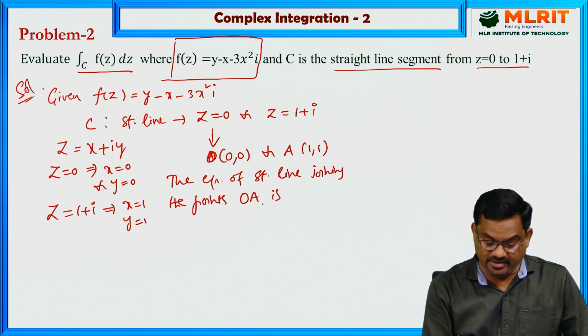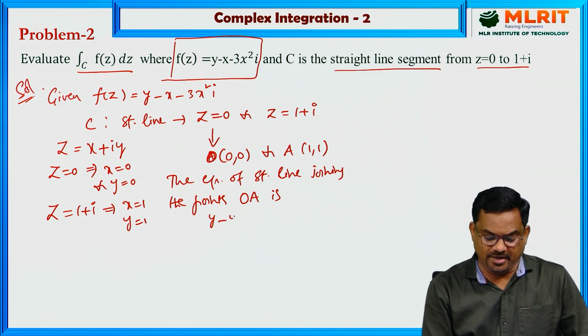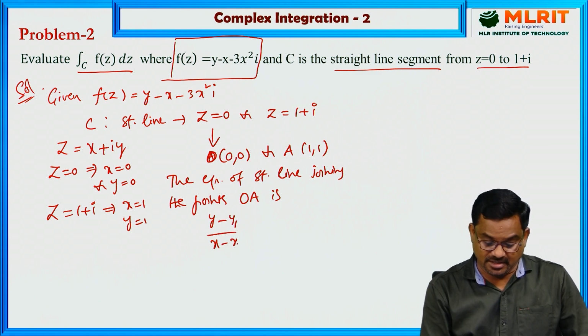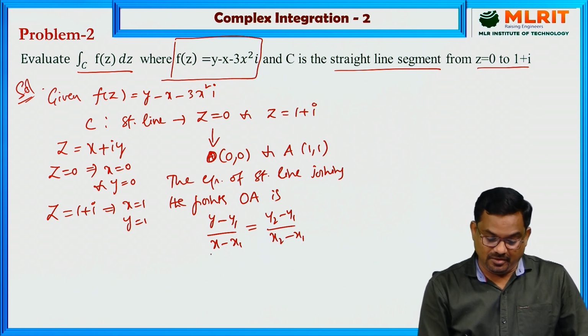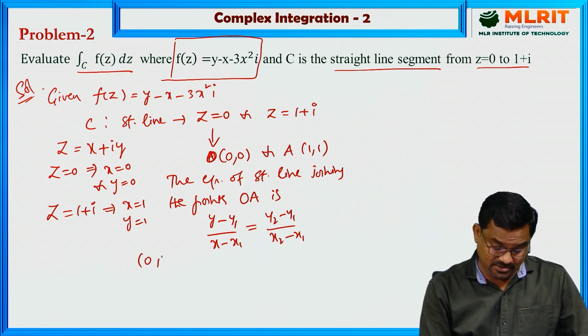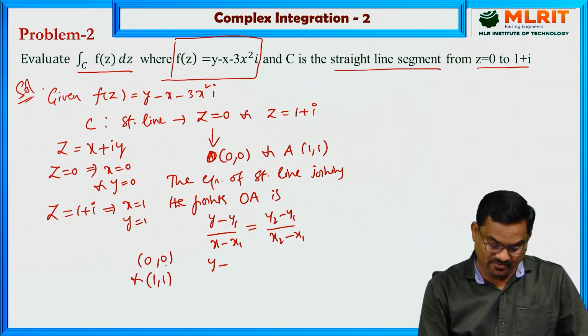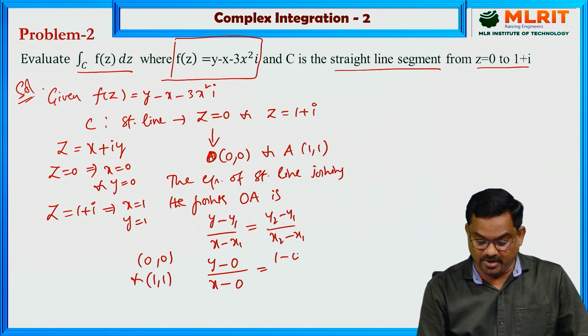OA is, we know the formula, (y minus y1) by (x minus x1) is equal to (y2 minus y1) by (x2 minus x1). So here the points are 0, 0 and 1, 1. So y minus 0 by x minus 0 equals (1 minus 0) by (1 minus 0).